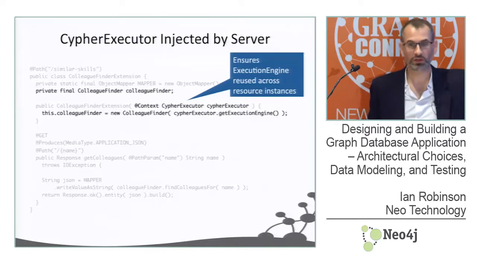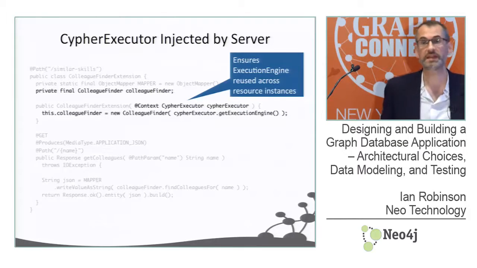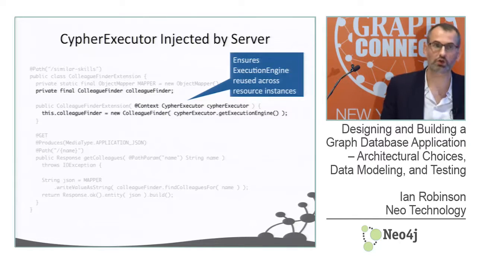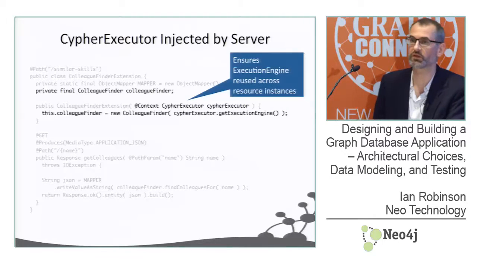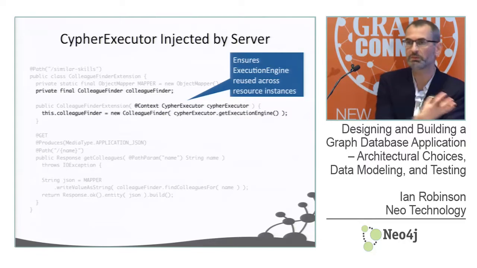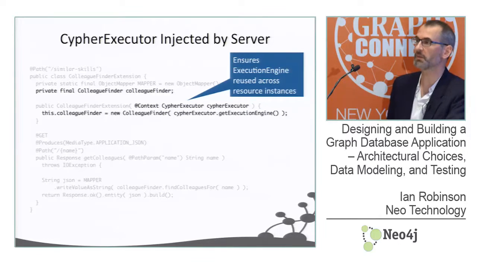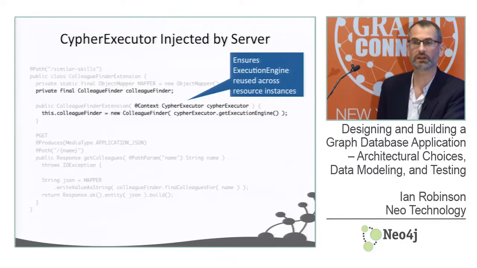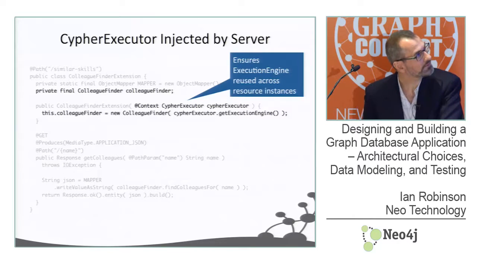So even though we're building a server extension, in fact, within the implementation of that server extension, we can grab hold of the embedded graph database that's hosted by that server. And these annotations will just tell the server infrastructure to give us that stuff, to give us the embedded graph database. So from this point on, it's very much like developing against an embedded graph database instance. All right.